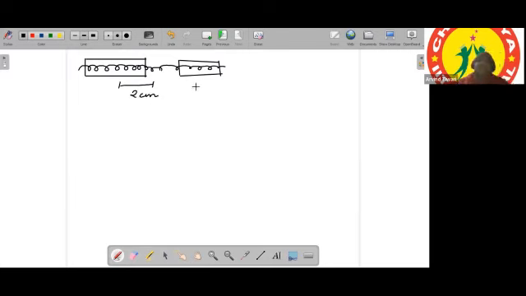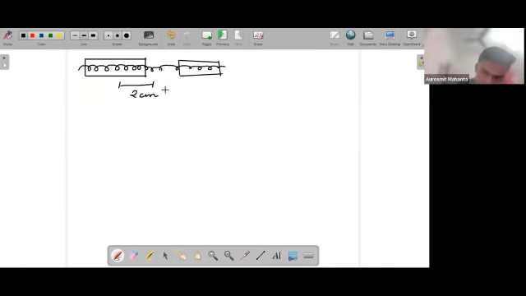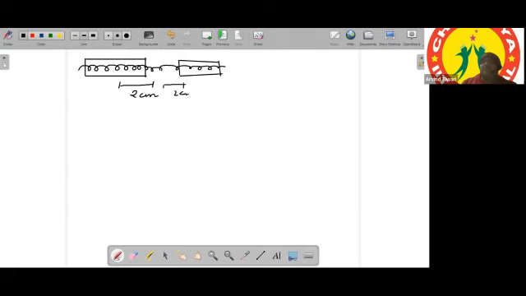Two centimeter. As the action and reaction forces are equal, if the first spring is pulled by 2 centimeter, the second spring will also be pulled by 2 centimeter only. So this is your action and reaction.